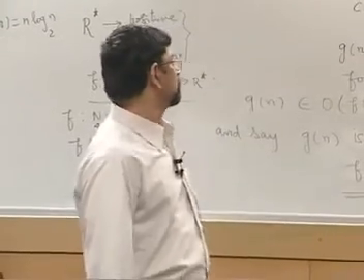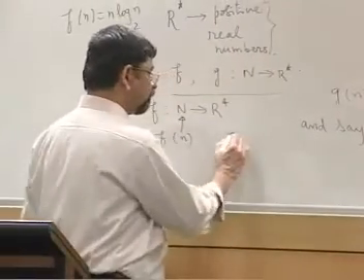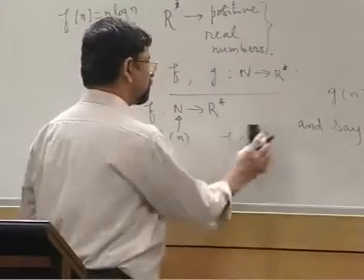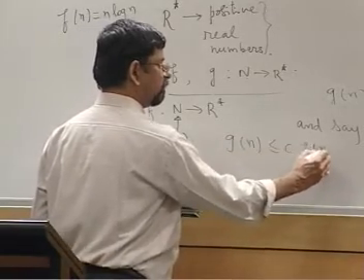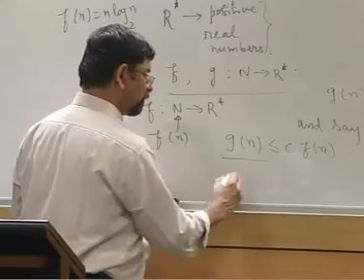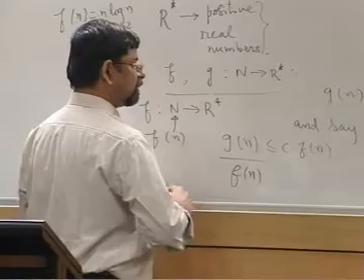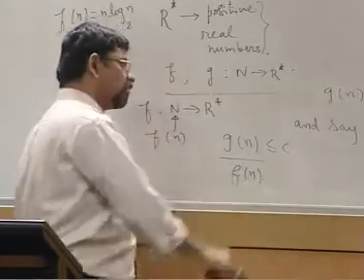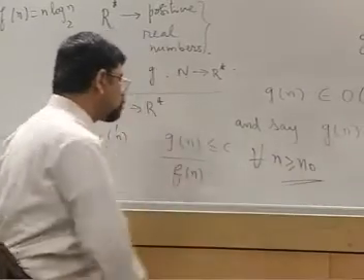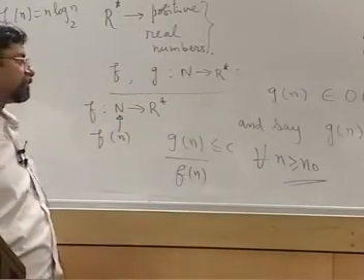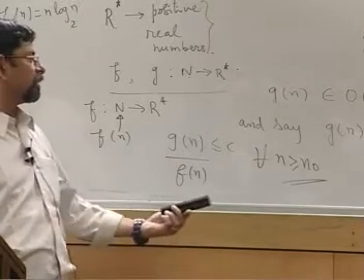So how to show that g of n belongs to big O of f of n? You take f of n, you want to show that g of n is less than or equal to c times f of n. In other words, g of n by f of n is less than or equal to a constant, which you have to show for all n greater than or equal to n naught. So study this ratio as n tends to infinity, and from this you can conclude.